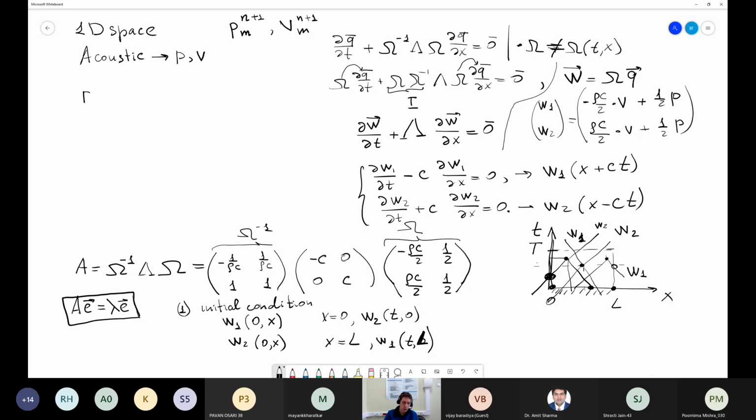That's why we know P subscript M inside the domain at the zero time moment, and the same for V. Using this formula, we will calculate the values of omega 1 at the point xm at the zero moment, and the same for the second invariant, using this multiplication of omega by q analytically.